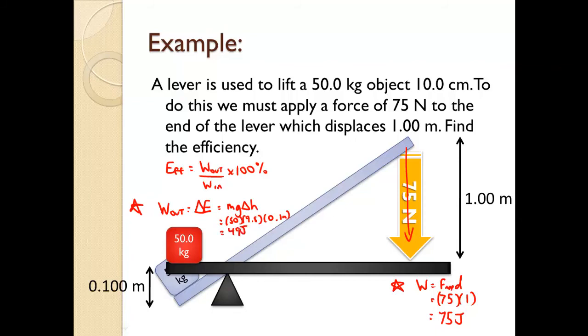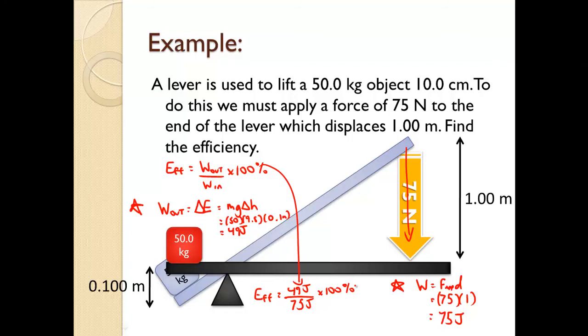So we have our work output, we have our work input. Now what do we do? We're going to go ahead and plug the values in. So our efficiency then is equal to our work output of 49 joules by the machine divided by the work input of 75 joules times 100%. Now, how do you know if you have these numbers in the right spot?